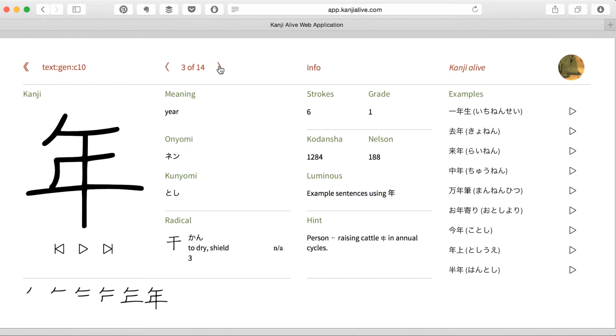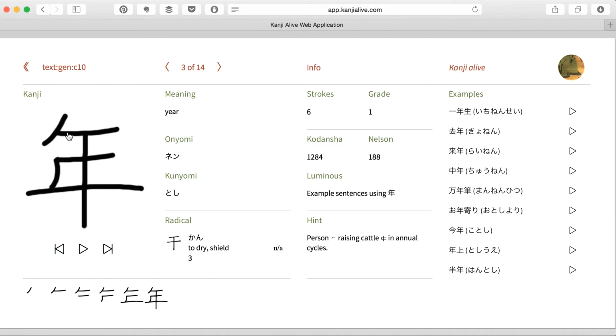The third kanji is the kanji for year. Let's take a look at how it's written. Okay, one thing to note is that this final vertical stroke is the final stroke.